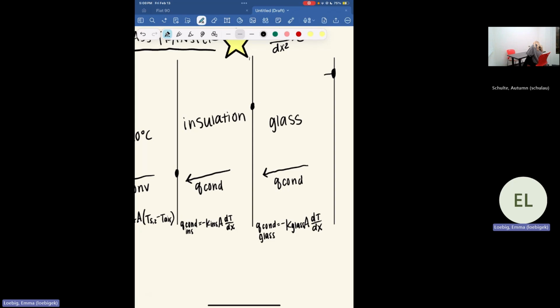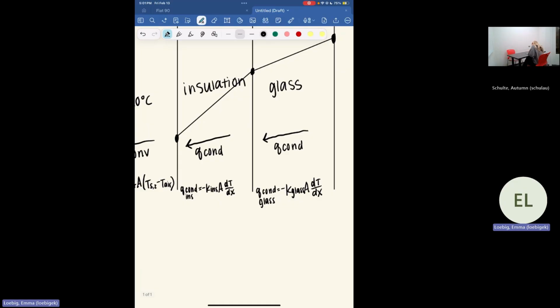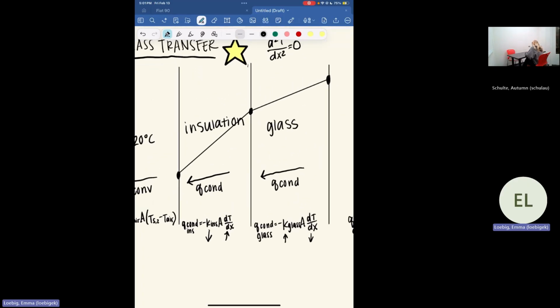So like I described before, the temperature profile is going to look something like this. And we know this because we said that the thermal conductivity value of glass is higher than that of insulation, meaning that the temperature gradient for the glass is going to be lower than that of the insulation.